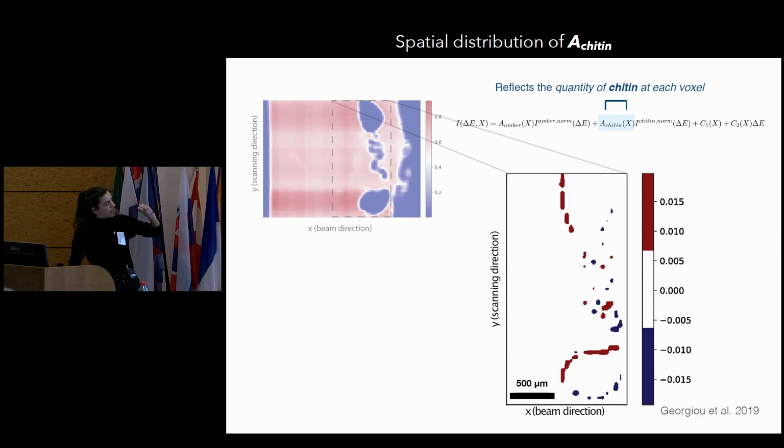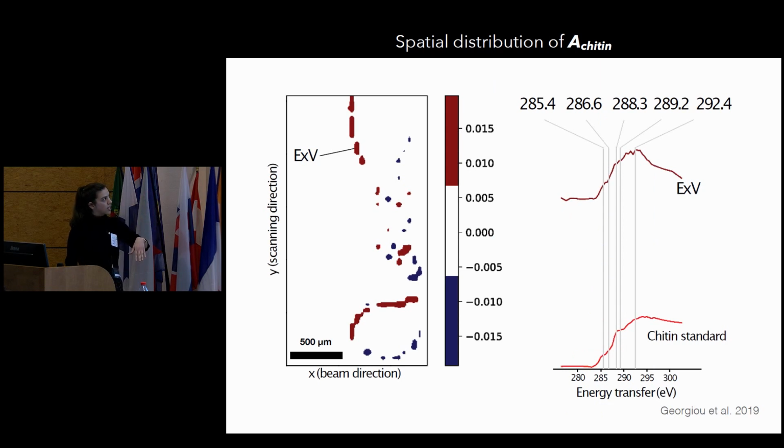By mapping the spatial distribution of the A-chitin parameter, which reflects the quantity of chitin at each voxel, we saw higher values of this parameter in the ventral exoskeleton than in the dorsal one.